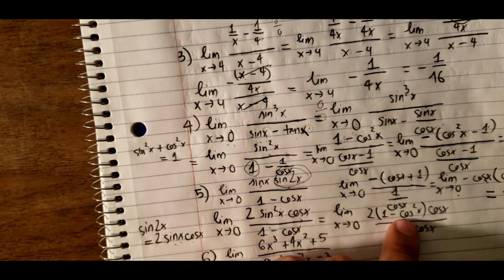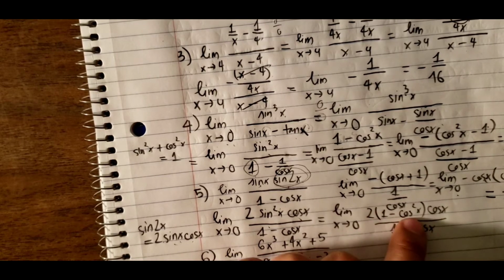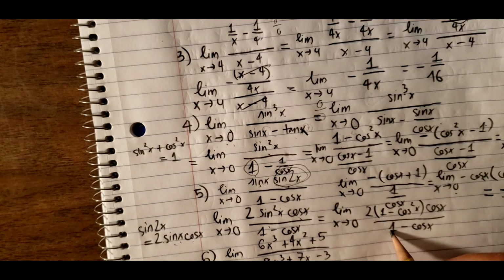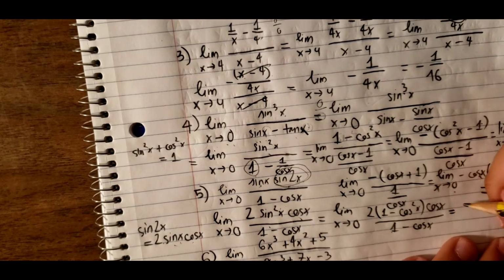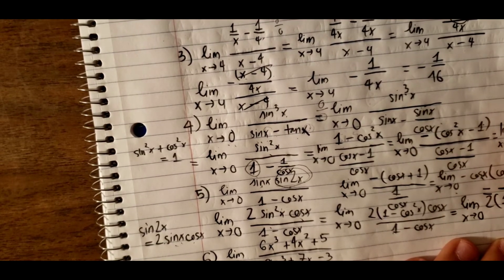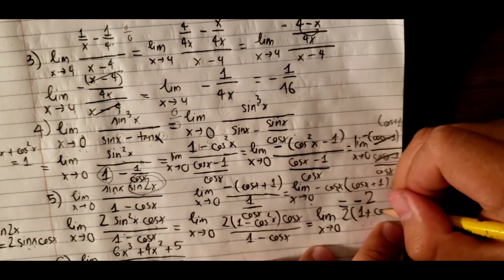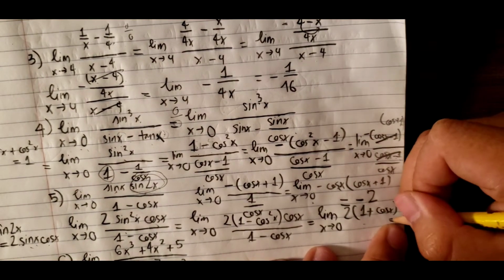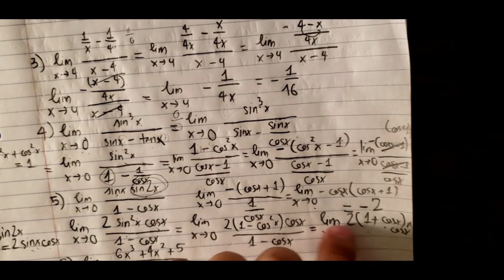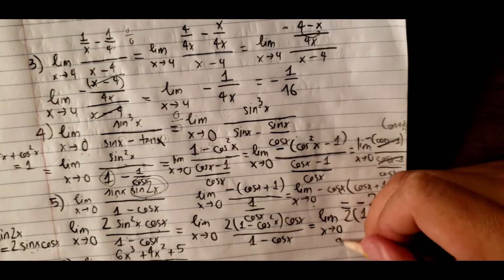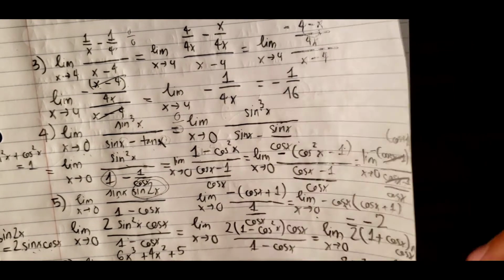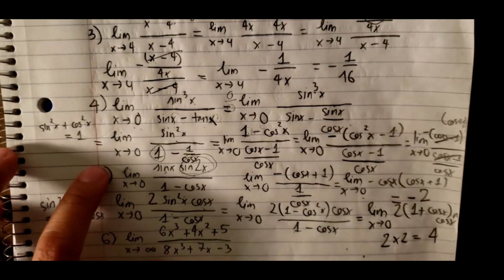One minus cosine is 1 minus cosine multiplied with 1 plus cosine, so that we can simplify 1 minus cosine here, and the remainder is 2 multiplied with 1 plus cosine and cosine here, so that you put number 0 here, and you got 2 times 2, which is 4. So the answer for number 5 is 4.